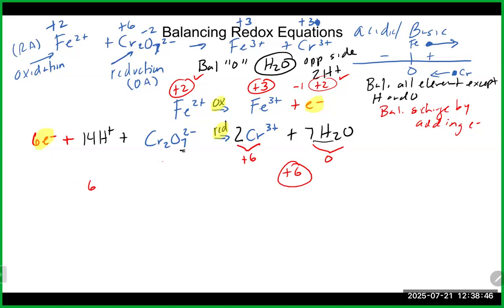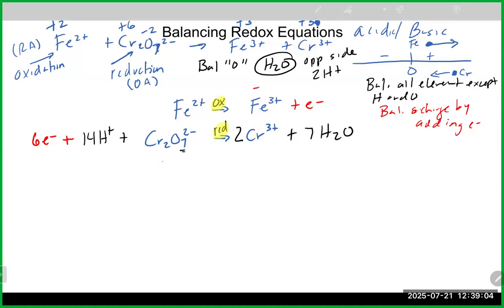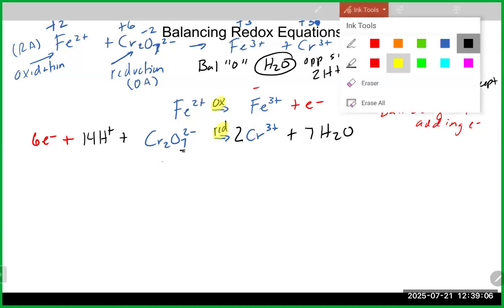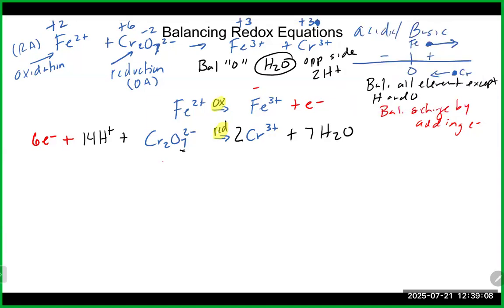But once again, before we could add them together, we do need to make sure we have the same number of electrons in each of the half reactions. And if we look at it here, we actually have 1 electron in the top reaction and 6 electrons in the bottom reaction.